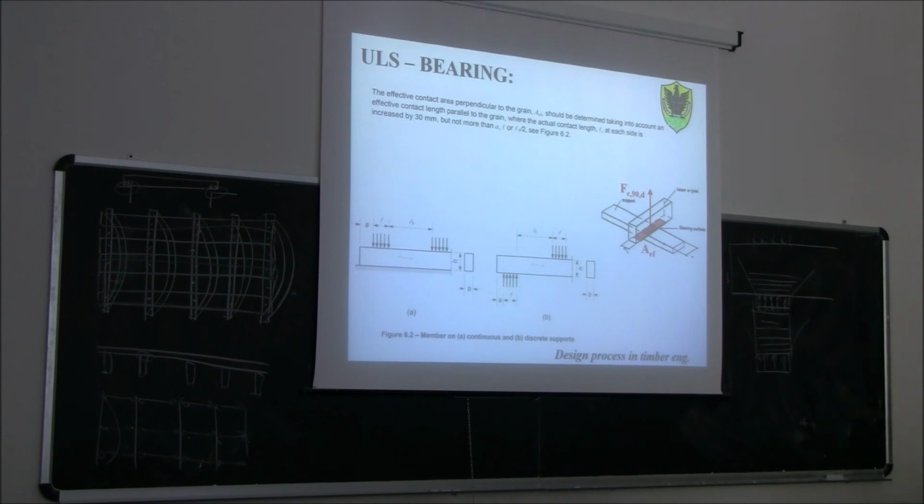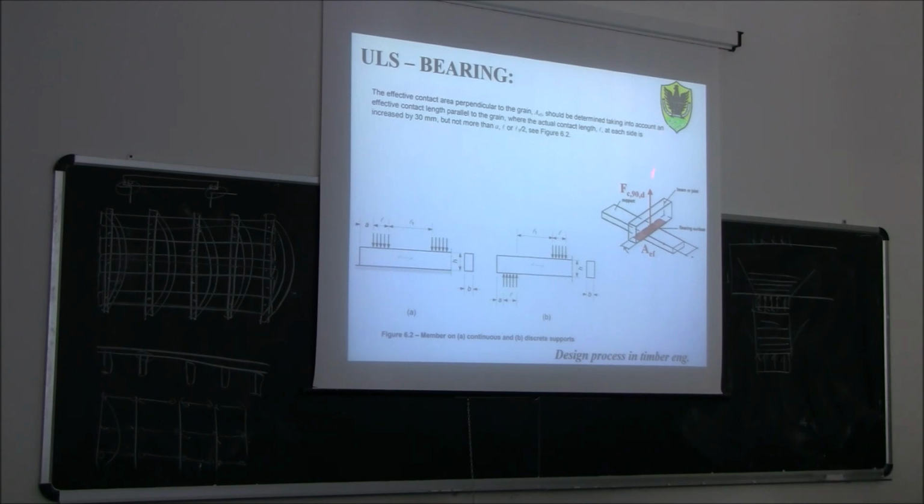Because all the external fibers of this beam are in some way supporting the resistance of the beam itself inside. So to take into account the fact that we don't have only one cube, but the whole beam, the regulation says that we can increase this effective area by adding 30 millimeters on one side and 30 millimeters on the other side.